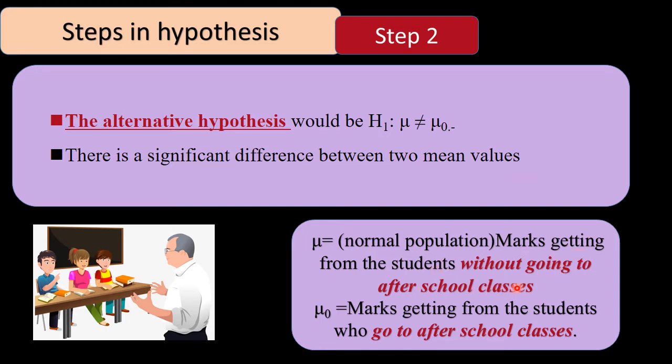That means marks getting from the students without going to after school classes from the normal population is not similar to marks getting from the students who go to after school classes. Those are different. That difference is the significant difference between the two mean values. That is called the alternative hypothesis.